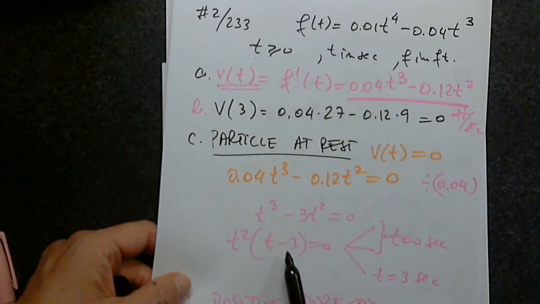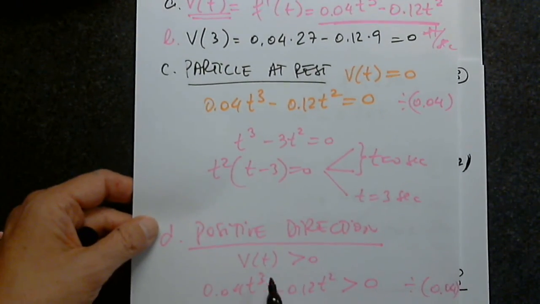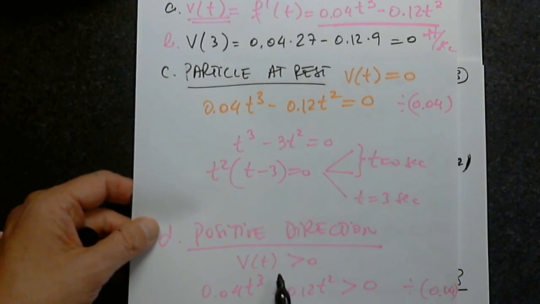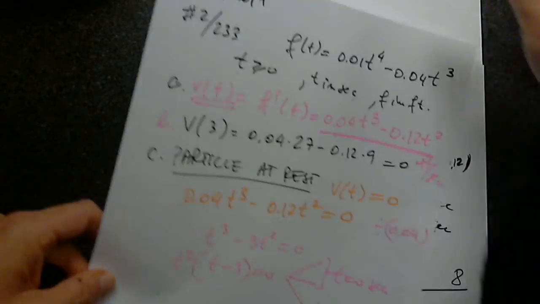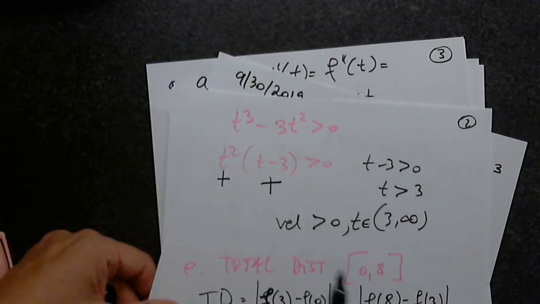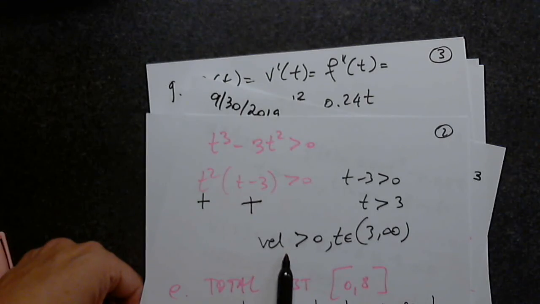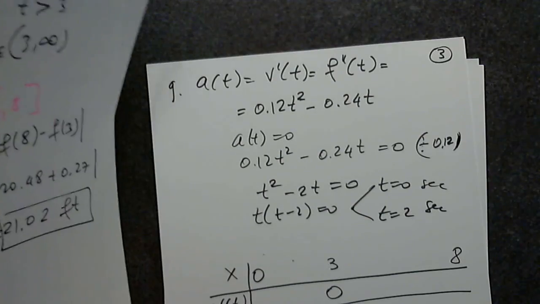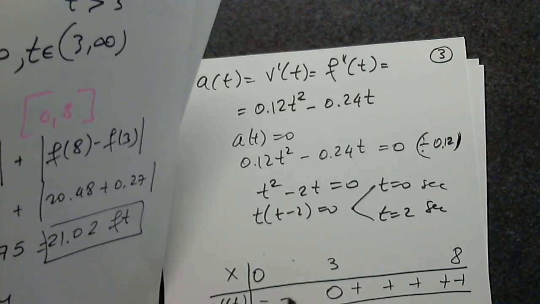I know that it will be negative. Oh, right here. So the particle has a positive velocity from 3 to infinity. So it's positive. But it has a negative velocity between 0 and 3.